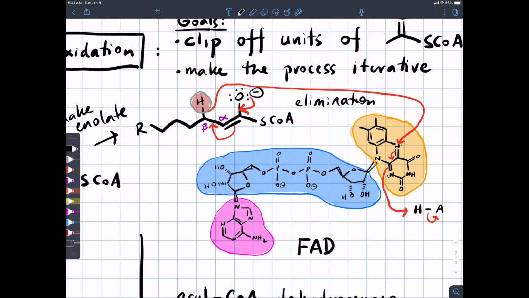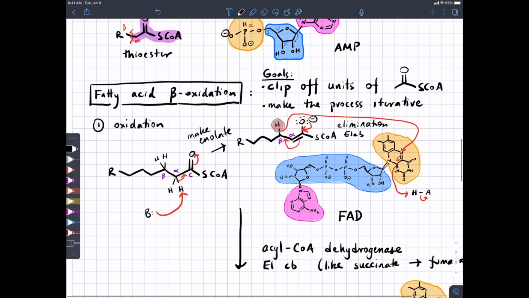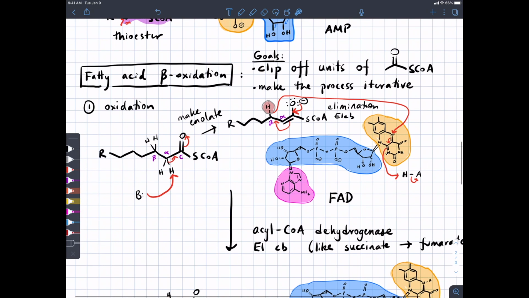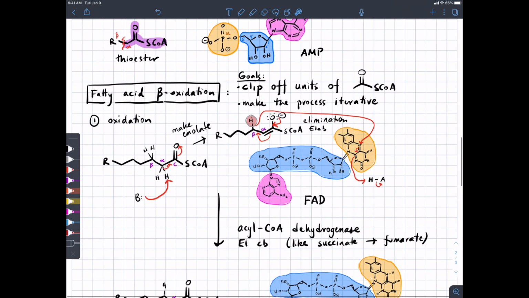This mechanism is kind of an E1cB mechanism in the sense that it's not concerted. We first remove the proton to get the enolate, and then the hydride leaving group leaves. And the enzyme that does this is called acyl-CoA dehydrogenase.